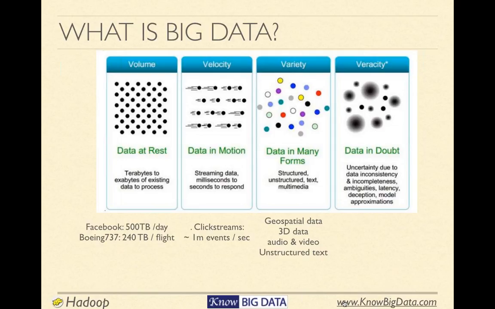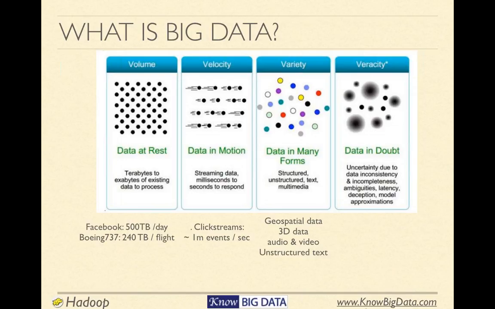And big variety means your data can be in any format. In the 80s we only considered data in a tabular format, and in the 90s we always considered data in database format. But these days you have data in an enormous number of formats.